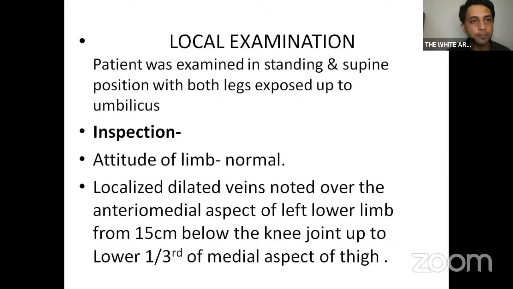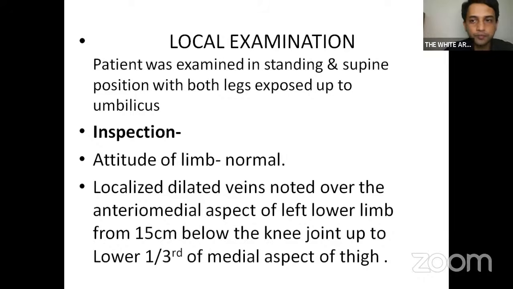Clear? These are the complications, and these are the skin changes we note. So in inspection, first we look at which vein is involved, then the edema, then the skin changes, and of course the ulcer.